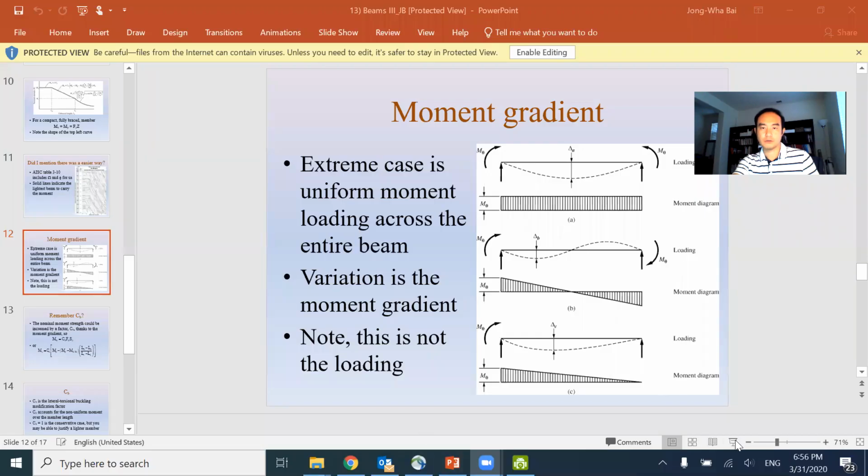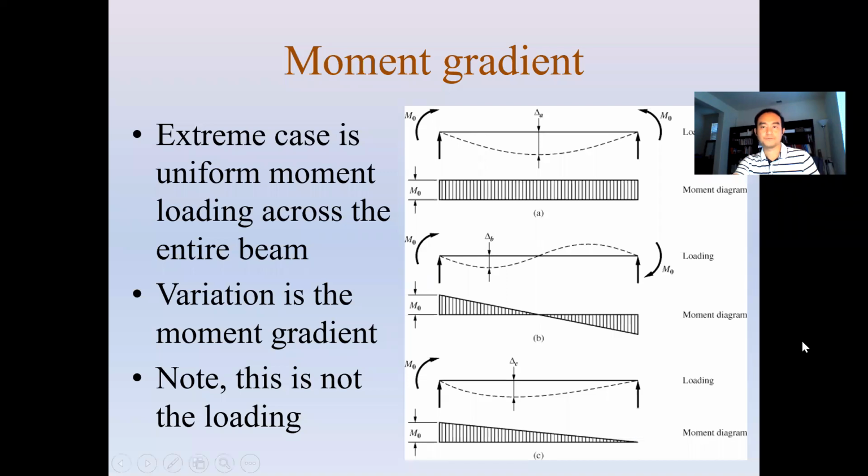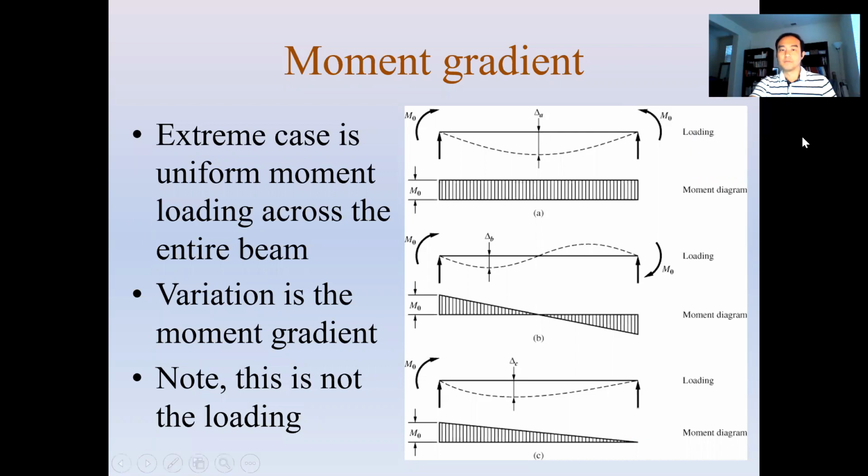Okay, so let's talk about the moment gradient. As you remember, we studied in structural analysis that depending on the loadings and boundary conditions, we may have a different variation of bending moment.